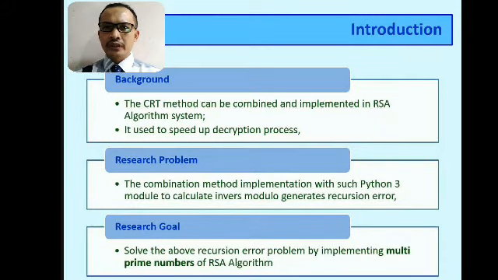The module generates a recursion error, and we cannot implement the calculation of our algorithm. So our research goal is to solve the above recursion error by implementing multi-prime numbers in an RSA algorithm.